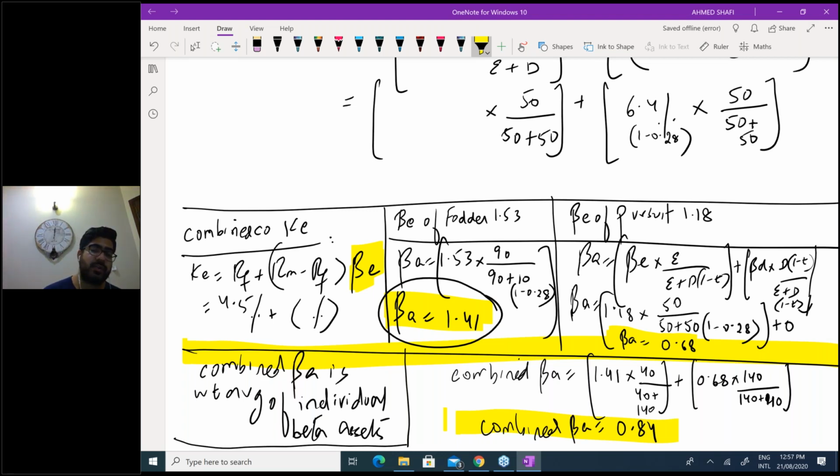So I firstly calculated the individual beta assets from the beta equities. Now the combined beta asset is the weighted average of individual beta assets. So I added both and applied the weights of their market values. 140 million for pursuit, that was given, and 40 million approximately for fodder, which I just calculated. So now I got the combined beta asset.